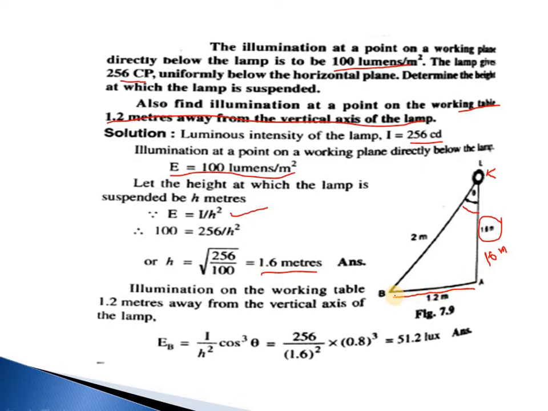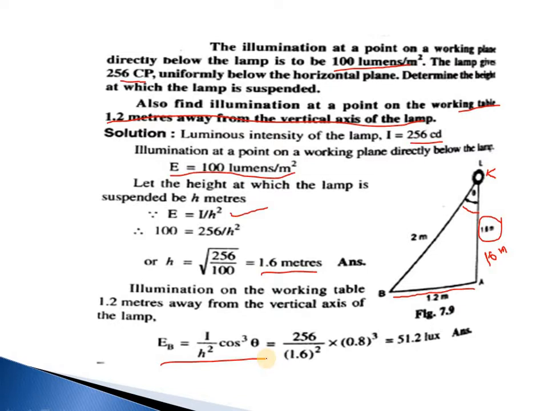Now we have to calculate the illumination at this point, using the formula E equals I by h square into cos theta. The values of h and I we know, and the value of cos theta is 0.8.